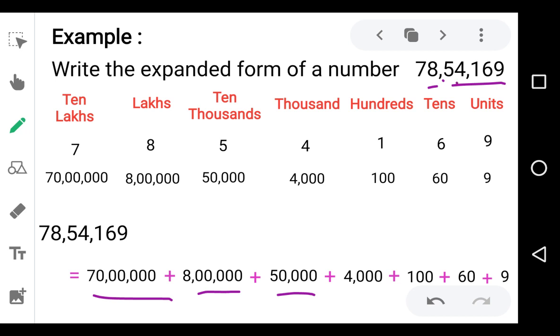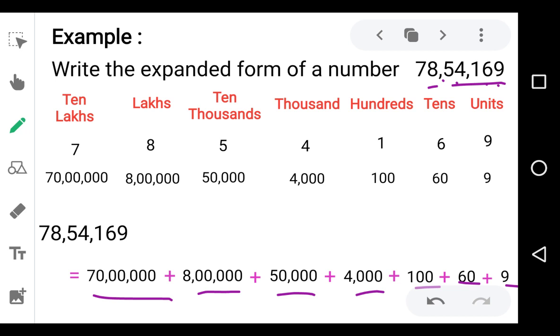After 4, there are 3 digits. So we write here 3 zeros after 4. Then 1. After 1, how many digits? 2 digits. So we write here 2 zeros. Next is 6. And after 6, there is only 1 digit. So we write here 1 zero after 6. Last one is 9. We simply write here 9 because there is no digit after 9.